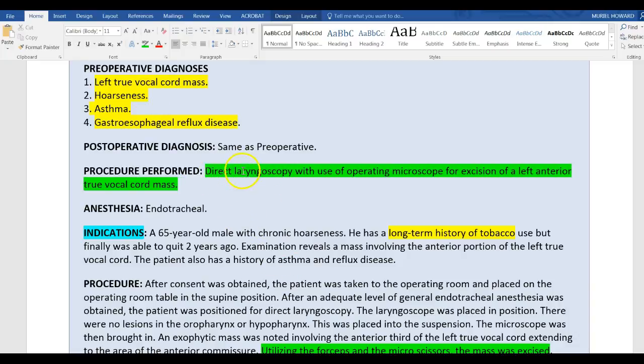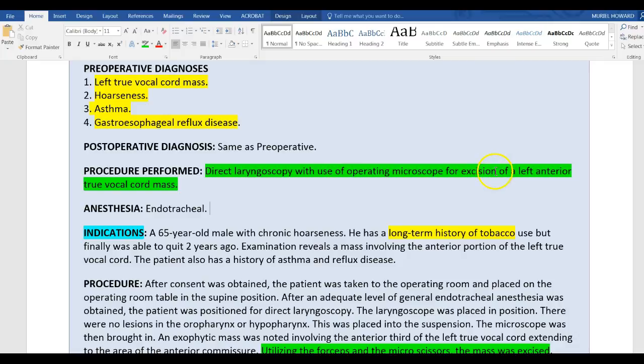What they did is a direct laryngoscopy with use of operating microscope for excision of a left anterior true vocal cord mass. That's a mouthful. So what he did was he pretty much looked inside of the larynx using a microscope that they use for operating purposes.